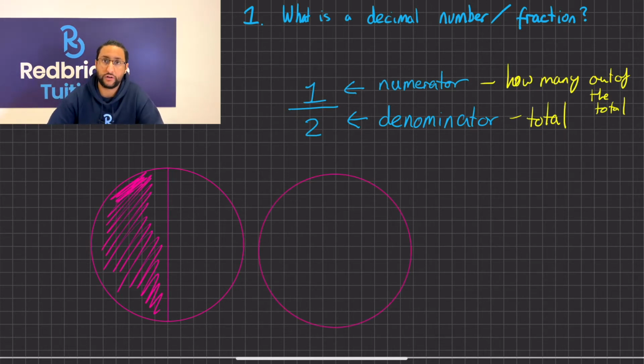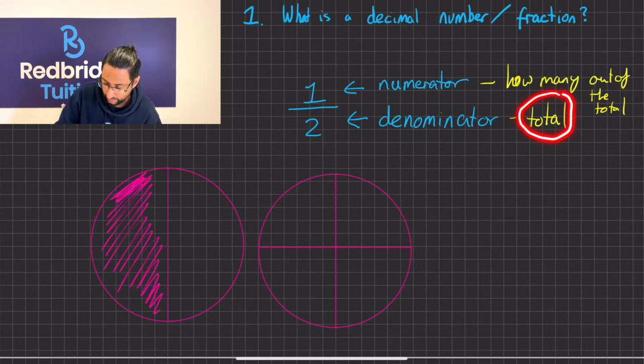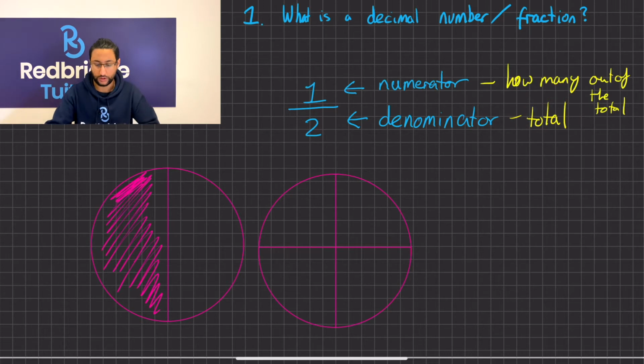Let's pretend I have another pizza here, and we're going to divide this into 4 pieces. We've got one pizza and 4 people sharing it. I'll divide that pizza into 4. So my denominator, which remember tells us how many pieces we have altogether, our total, would be 4. There's a total of 4 pieces.